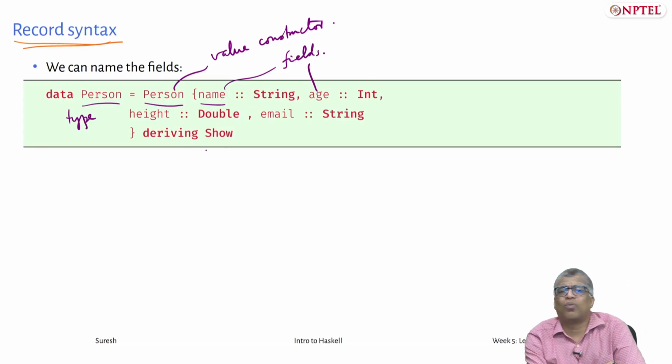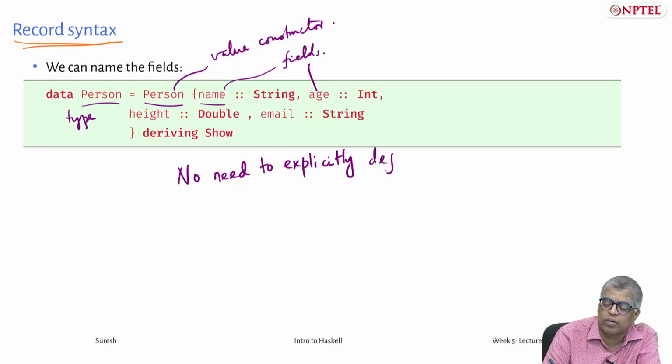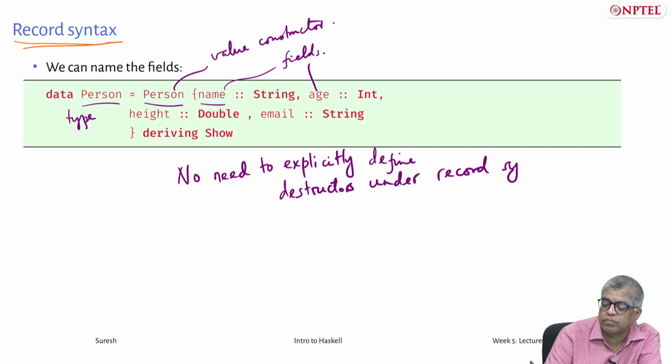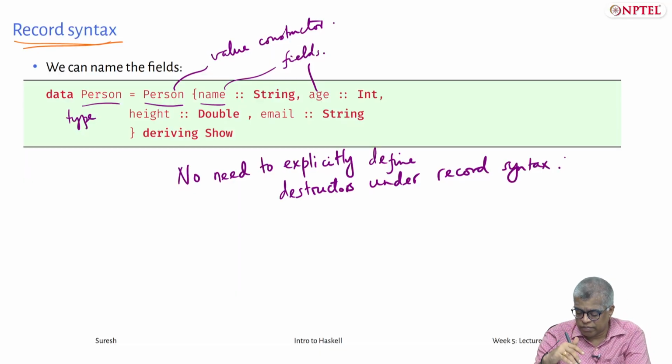Once you have done this, there is no need to explicitly write destructors under record syntax, because these names also serve as the corresponding destructors, as you will see.